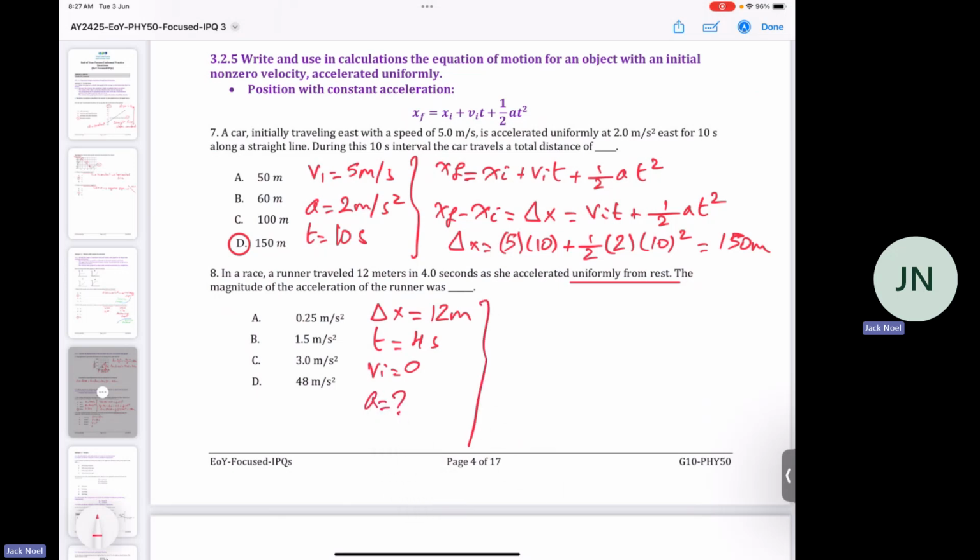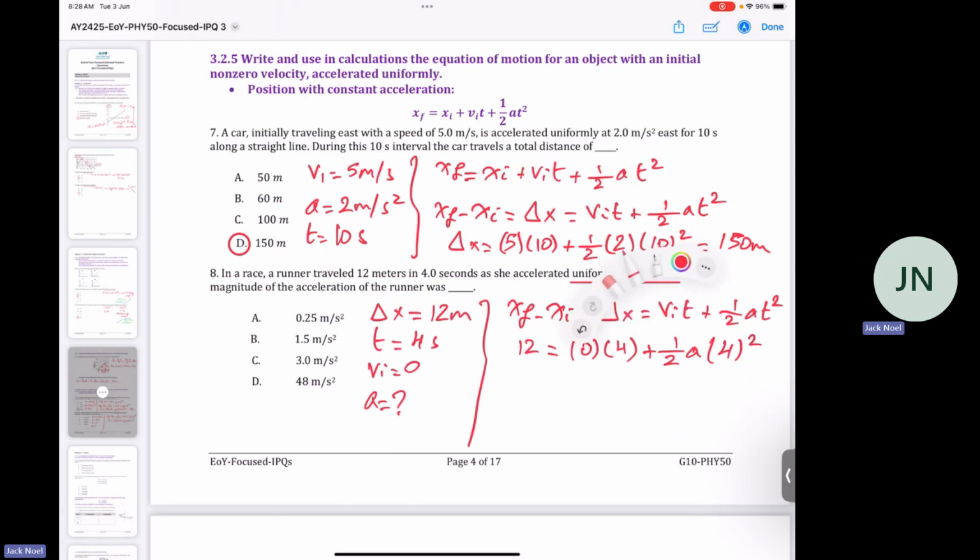Again, we can apply exactly the same formula, which is xf minus xi equals delta x equals vit plus half at squared. Now, delta x is 12. Vi is 0. The time is 4 seconds, plus half a, because we don't have a, times 4 seconds squared. Now, 0 times 4 is nothing but 0.